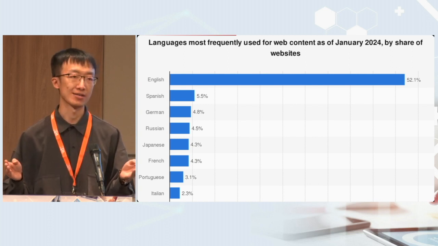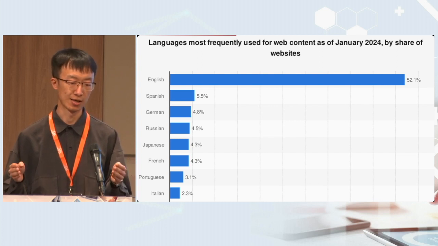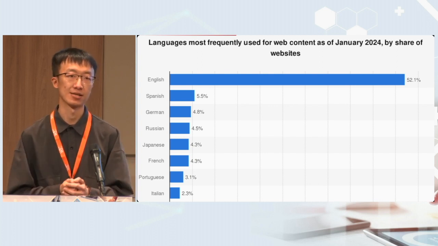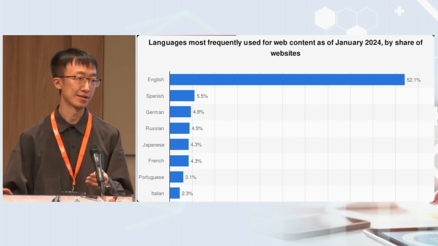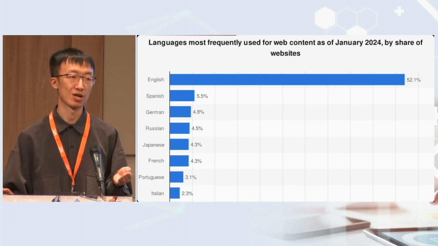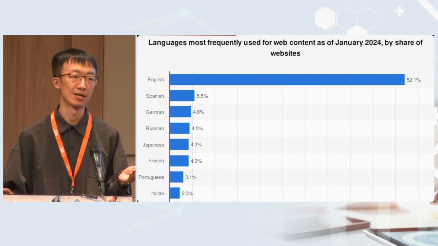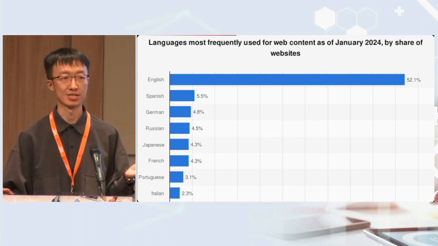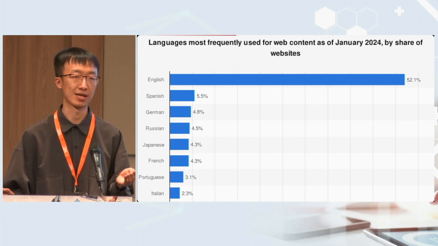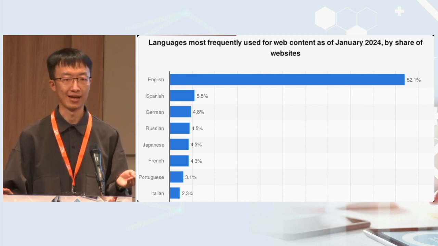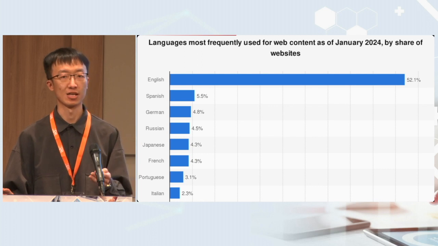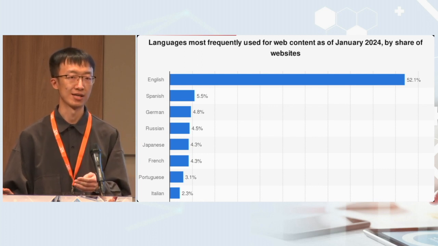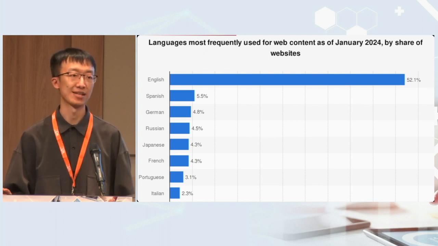And Spanish ranked second with about 5.5% of websites. However, there are regions like Southern Asia or Africa, which still have a relatively low internet penetration rate. And more than half of the global internet users are in Asia, which is about 2.9 billion users. So that's why we need internationalization.